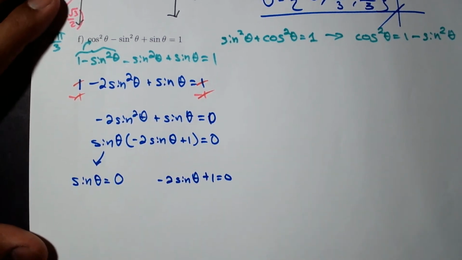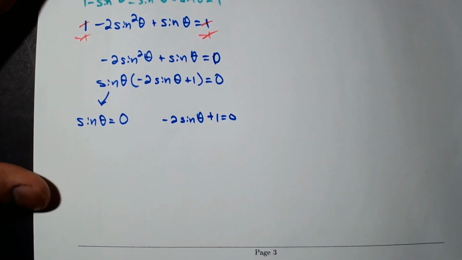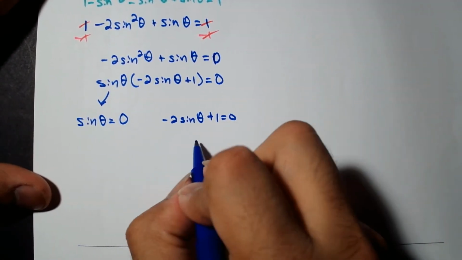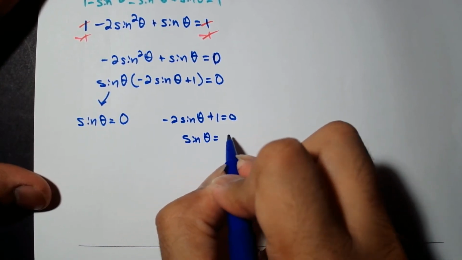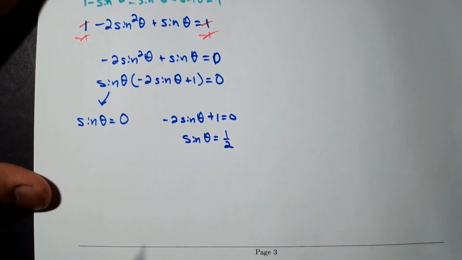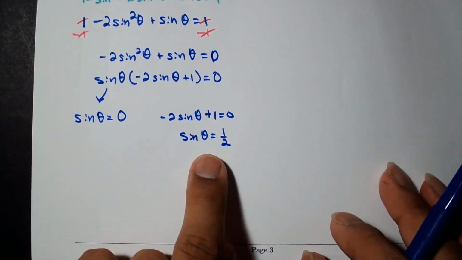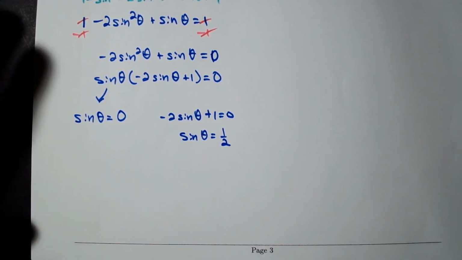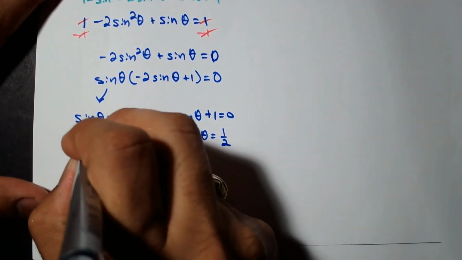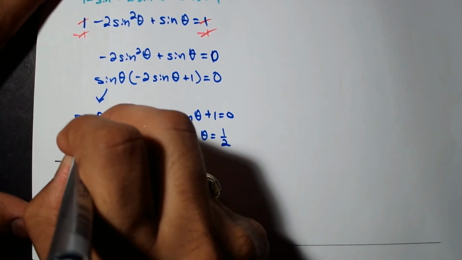We need to solve for sine theta in this part of the solution. So sine theta equals positive 1/2. And I believe we already did sine theta equals 1/2. Let me verify that in a minute. Okay, so let me do sine theta equals 0. Let me draw a Cartesian plane for this angle very simply.